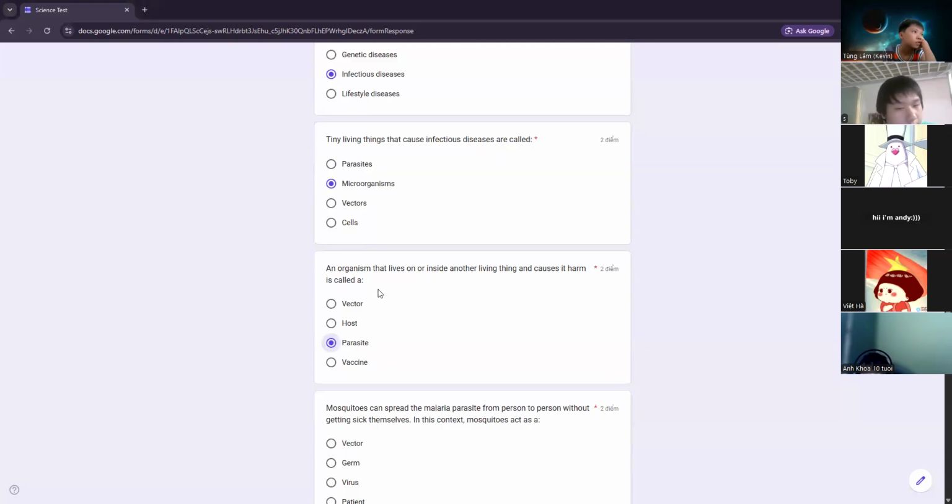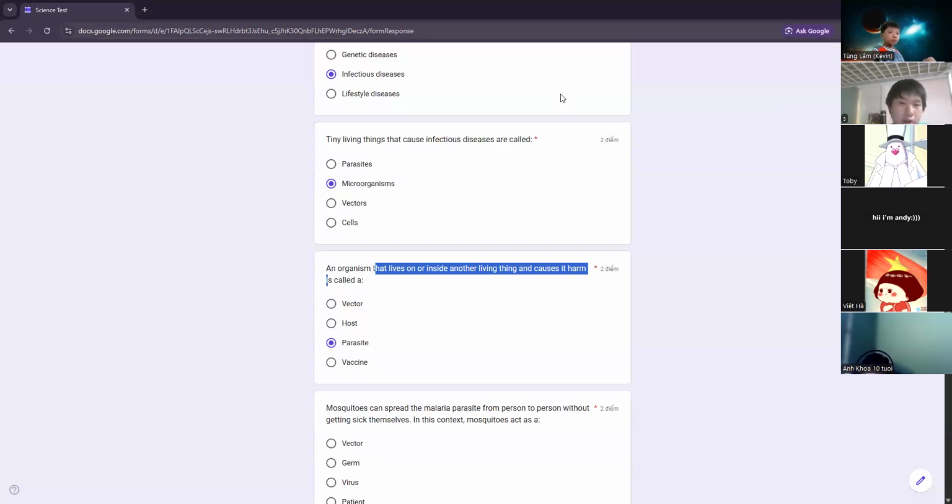This is a really good definition of a parasite, because that's what parasites do. They usually rely on another being to survive, and most of the time they cause harm. You may know things like ringworms, tapeworms, fleas, etc. Those are parasites because they are tiny living organisms that rely on you and harm you.